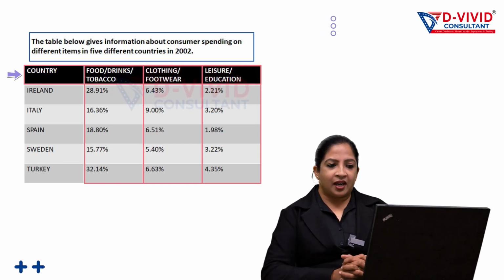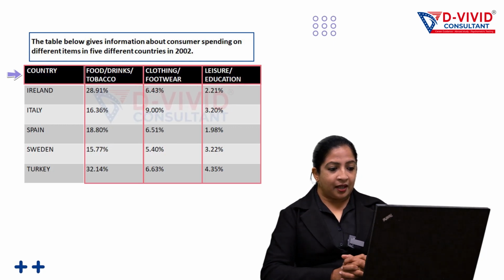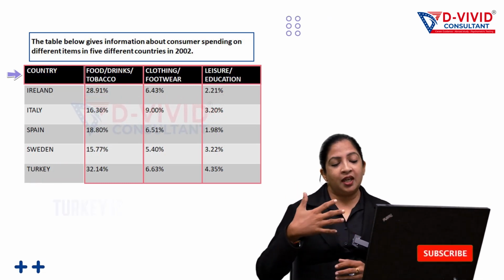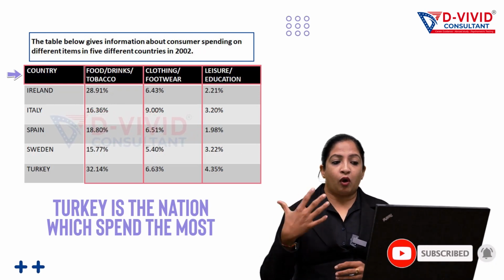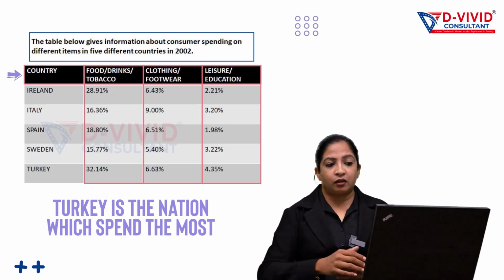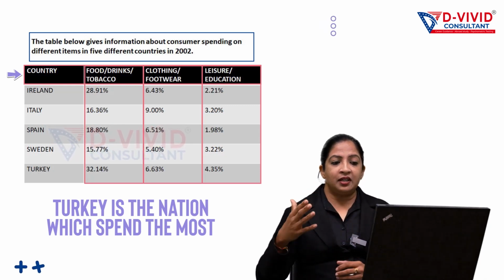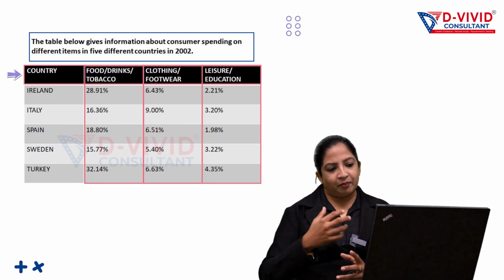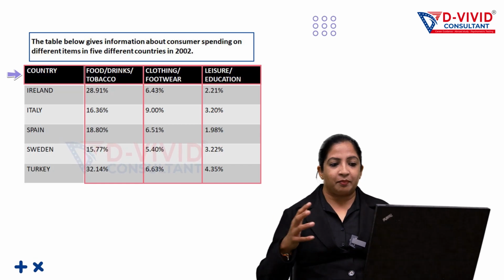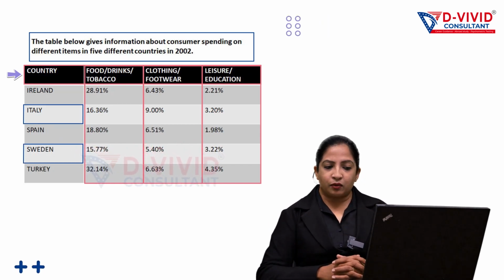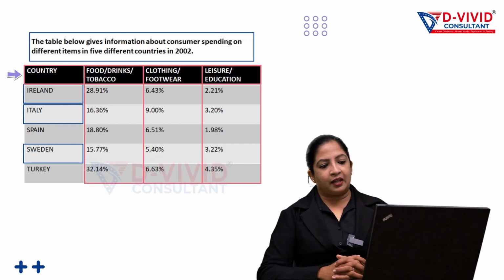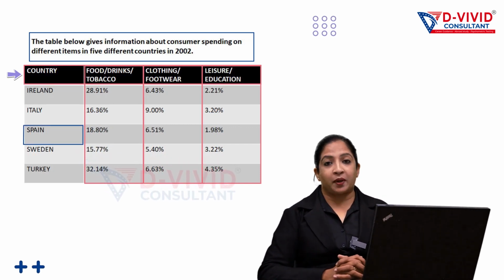Talking about leisure and education, again I see Turkey is spending the maximum, which means Turkey is the nation which spends the most on both the first and third categories, that is food, drinks, tobacco and leisure and education. So that can be clubbed together. Then again, Italy and Sweden are close to each other, followed by Ireland, and the least is by Spain.